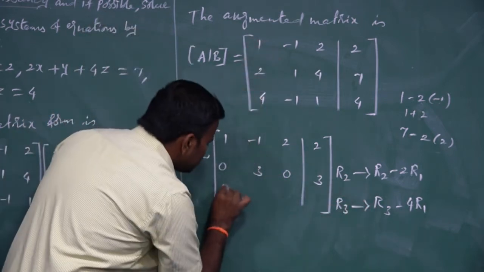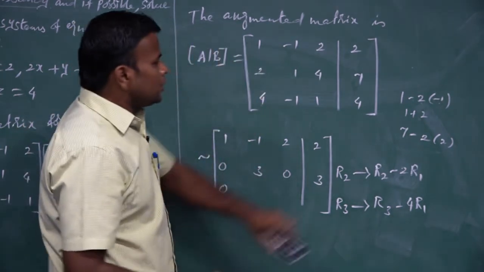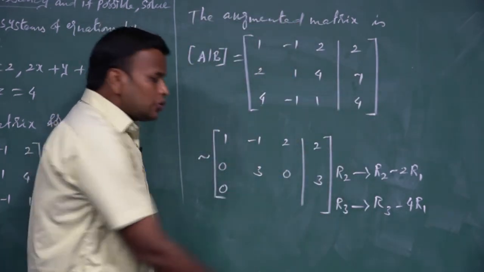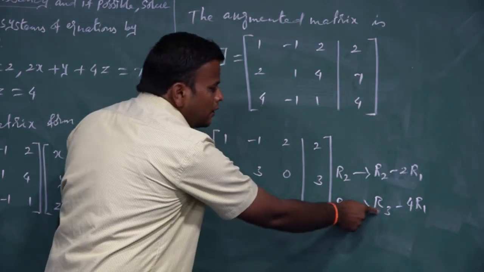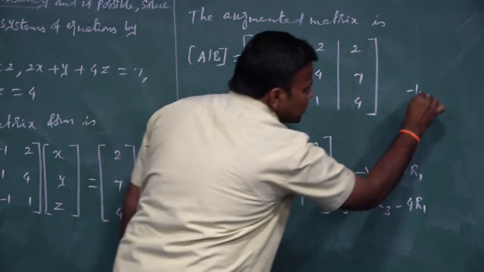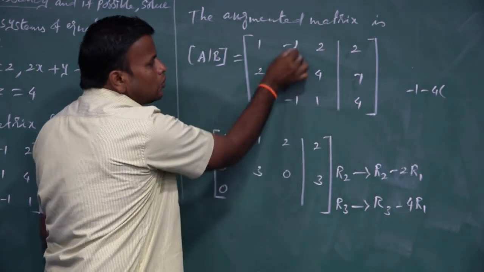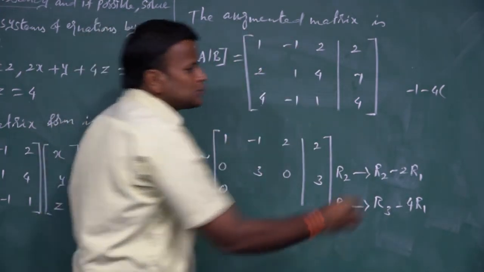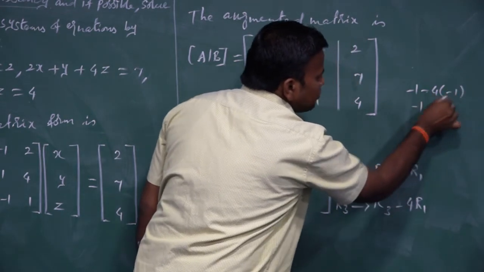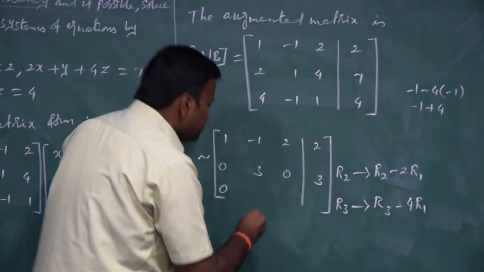4 minus 4 is 0. The other elements are also important. How to change the number minus 1? We write R3 as R3 minus 4 times R1. The value of R3 is minus 1, and the corresponding element of R1 is also minus 1, so minus 1 minus 4 times minus 1: minus times minus is plus, 4 ones are 4, so minus 1 plus 4 is 3.